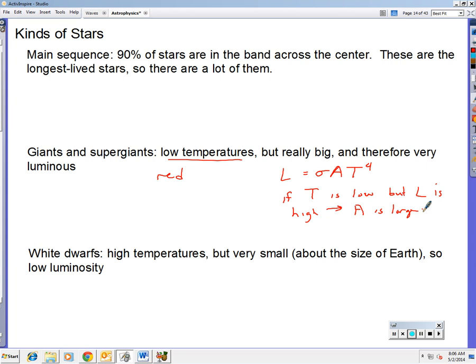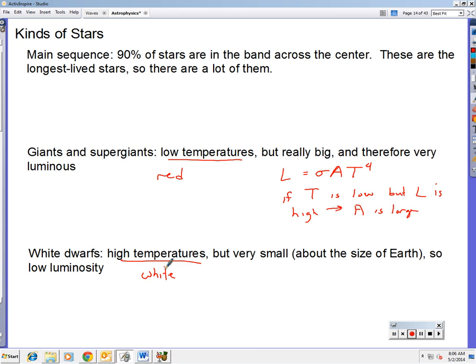And then white dwarfs, which there are quite a few of, but we don't see very many of them. They have very high temperatures, hence they appear white. But they have very low luminosity.